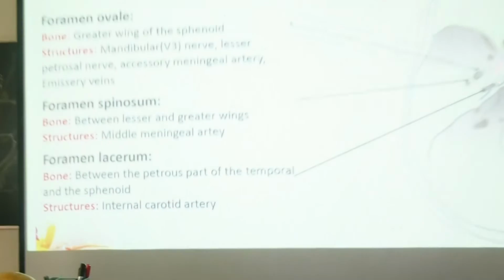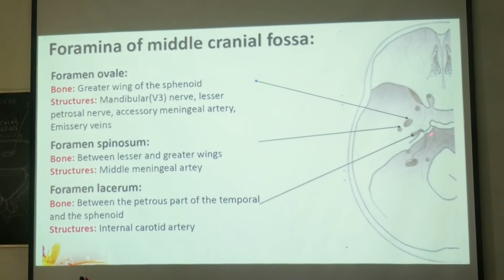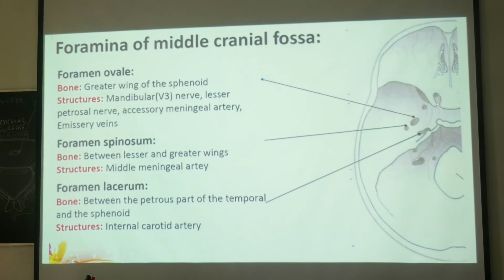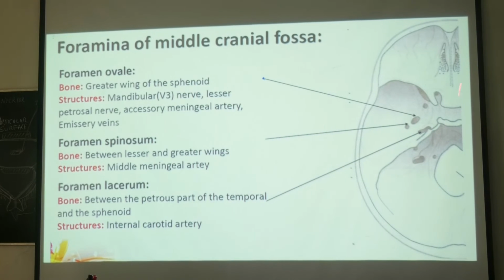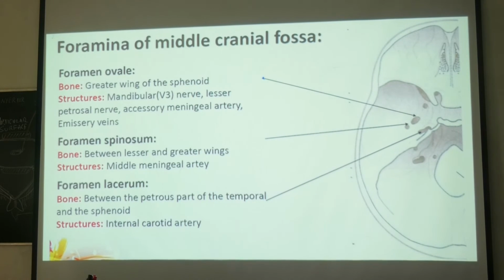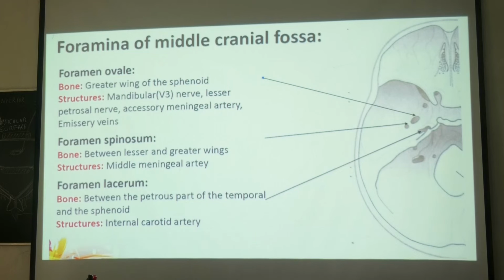The internal carotid artery has an L-shaped course within the petrous part of the temporal bone. It enters the cranial cavity through this foramen, then lies on the 2 sides of the body of the sphenoid, and then divides into branches: the anterior and middle cerebral arteries.